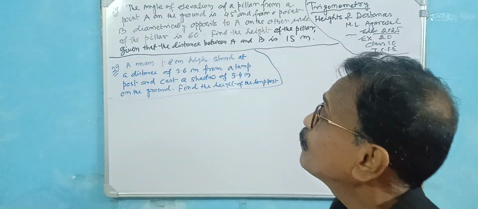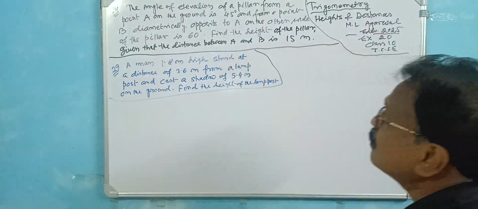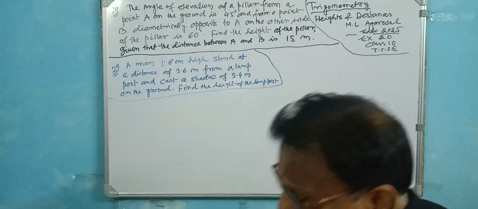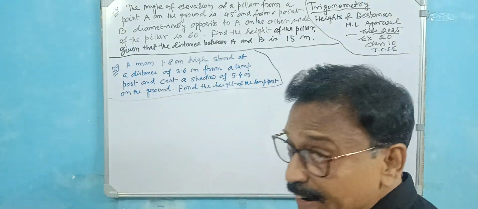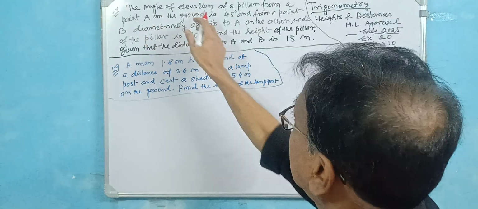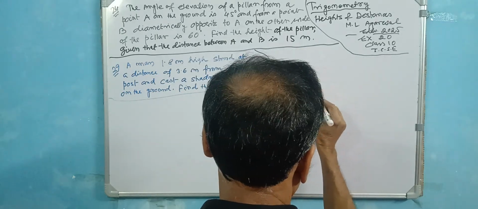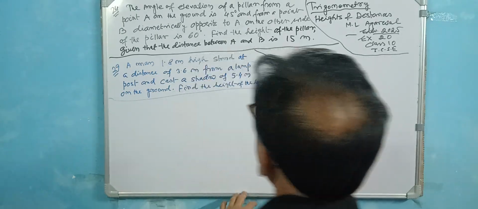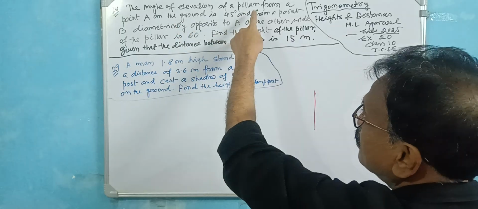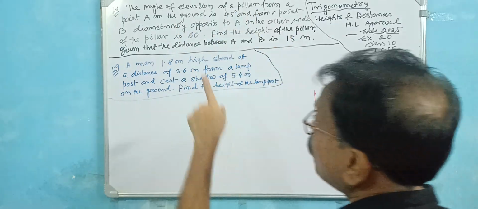The first thing, the angle of elevation of a pillar. You already know all these things, actually all are right angle triangles. Suppose this is a pillar, and the angle of elevation of the pillar from a point A on the ground.